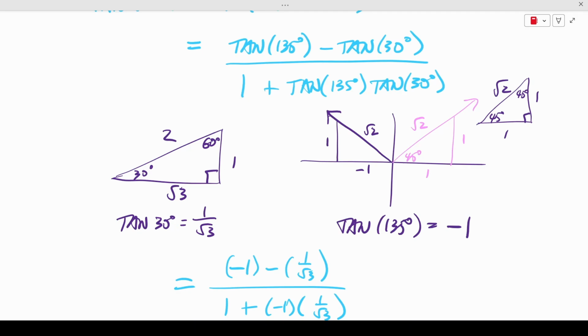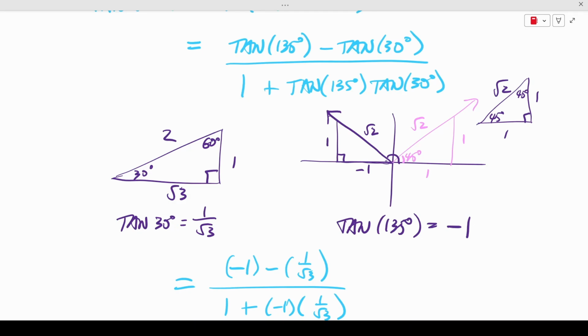Tangent of 135, a little bit more work, but not so bad. 135 here, its reference angle is 45, right here. So I drew the 45, 45, 90 triangle, 1, 1, and root 2. And then I drew the corresponding 45, 45, 90 triangle in the second quadrant. And I made sure that my x value is negative 1.